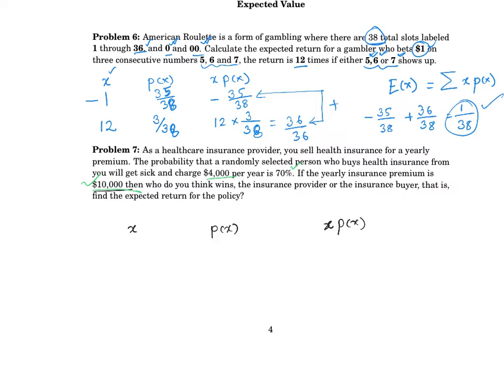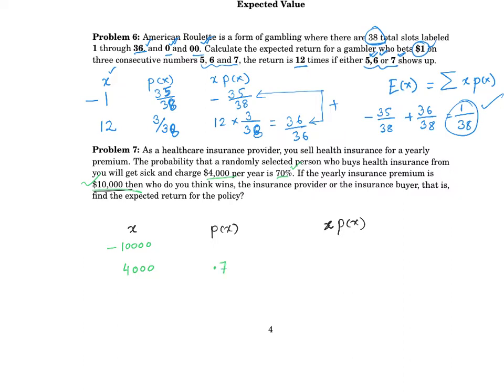You have two options. One option is you lose all of $10,000. If you don't get sick, you lose everything, right? You don't get any money back. However, if you do get sick, you get $4,000 on the average. A policyholder either loses $10,000 or gets $4,000. Now, here's the question: what are your chances of getting sick? 70% chance, or 0.7 chance that you will get $4,000 in reimbursement.